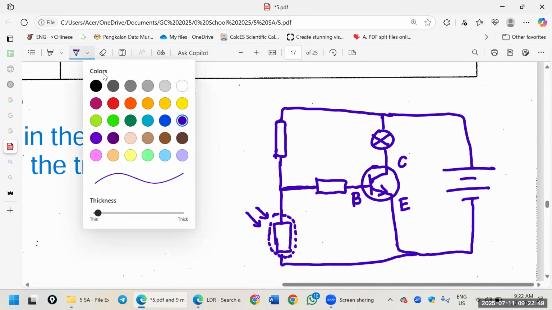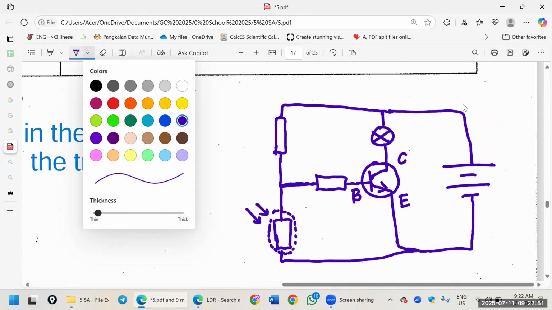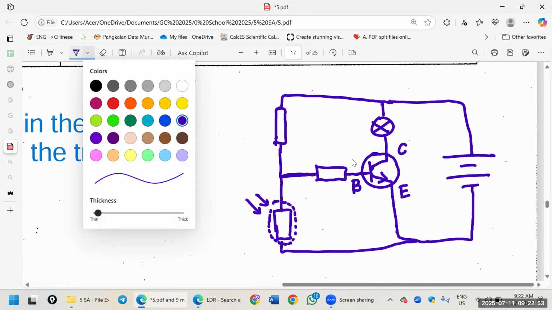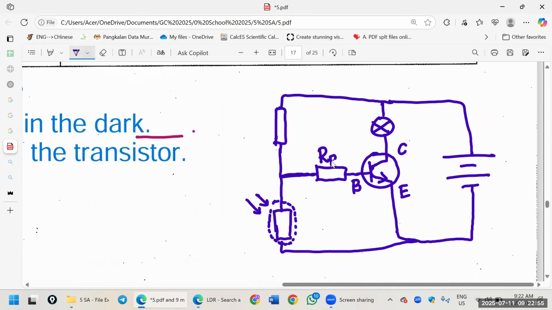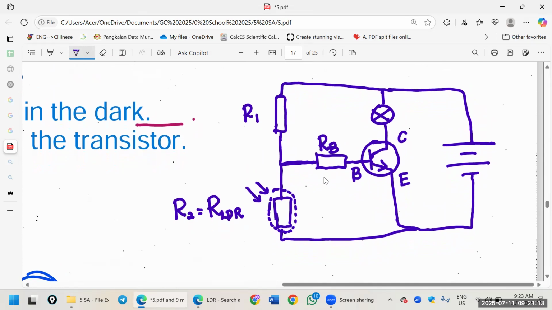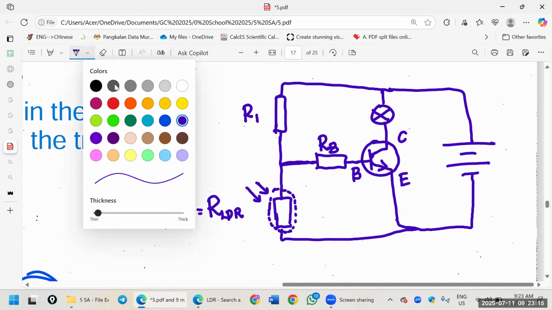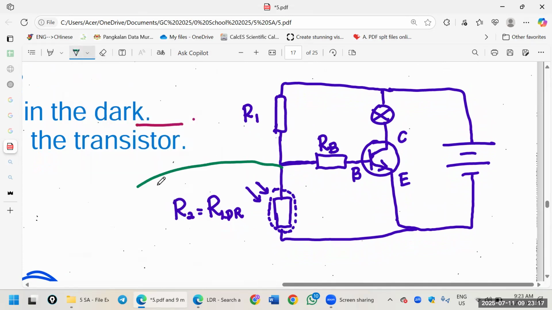Okay. So now, let's recall. This is RB. This is normally R1. This is normally R2. But R2 is an LDR, so we also can say RLDR. Then may I know this voltage, we call it as what?